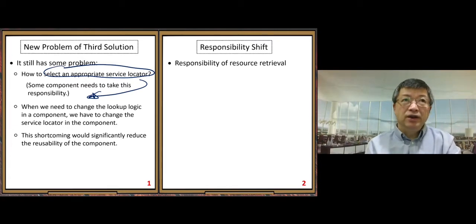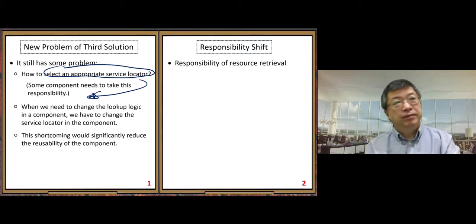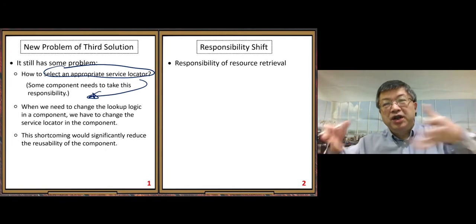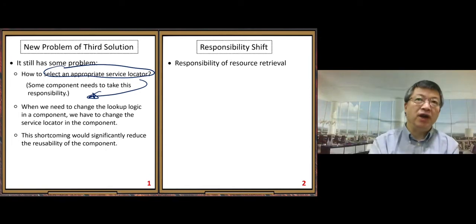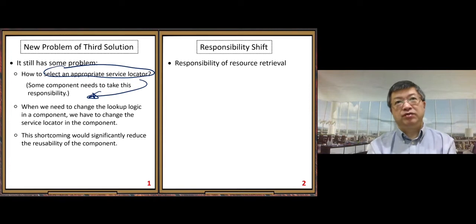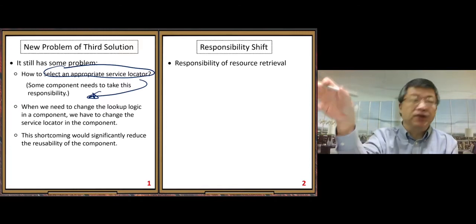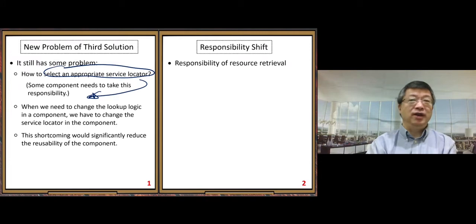If the container can do this, then it's okay, because we try to shift all the possible responsibilities into that container. It is a central module, a central location. We will do it somewhere, but the best place to do it is inside the container.